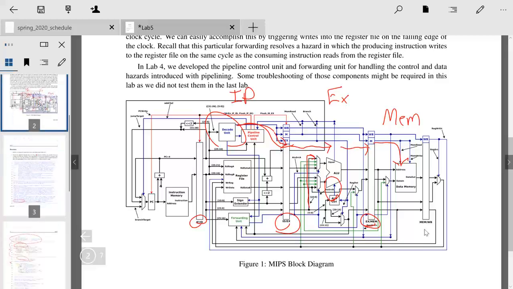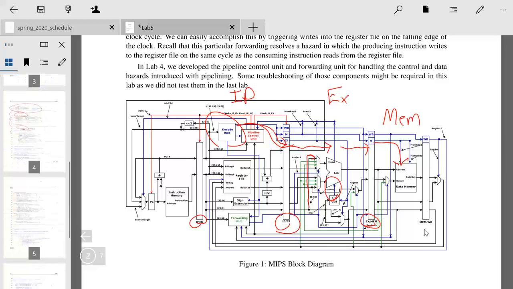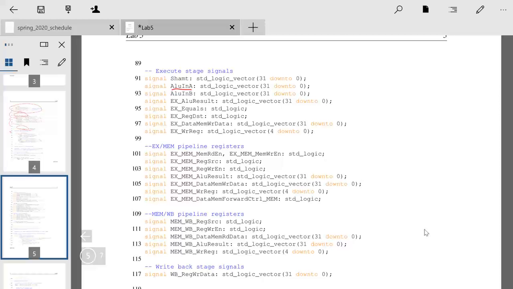But ALU in A, ALU in B, and shamped are examples of signals that are only generated and used in the execute stage. So notice they don't have any prefixes or suffixes, because they're only used in the execute stage.